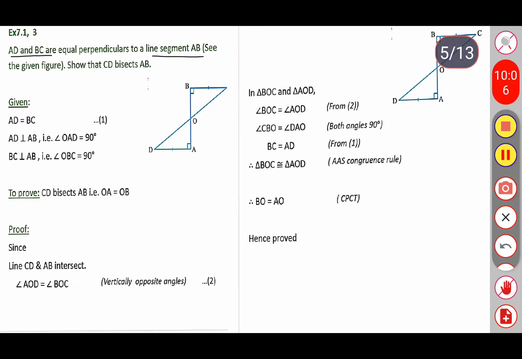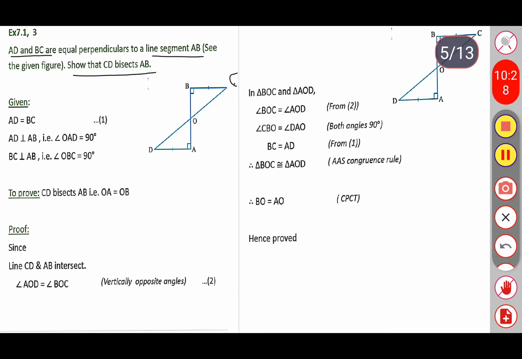Show that CD bisects AB. This is the point C. We need to prove that the line segment CD will bisect AB. CD will bisect AB means what I have to prove? OA is equal to OB.